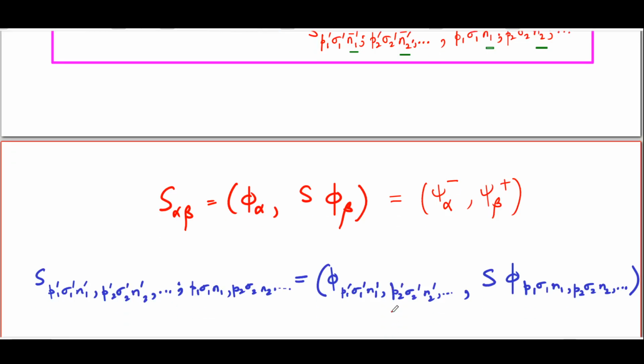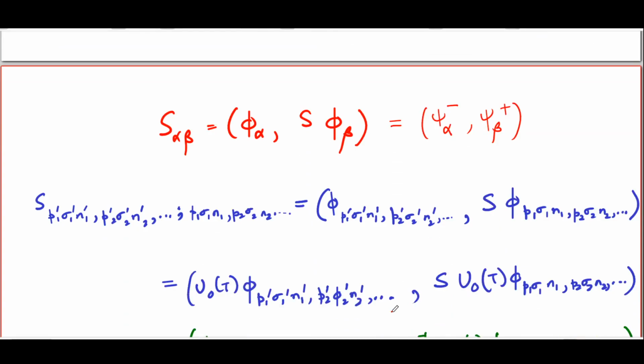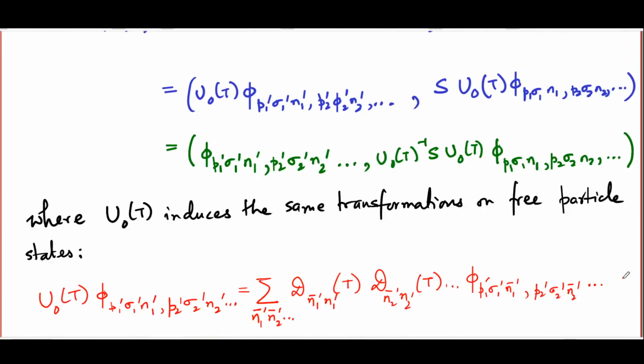Now, rather trivially, this is going to be equal to this expression, U0(T) phi p1 prime sigma 1 prime n1 prime p2 prime sigma 2 prime n2 prime on the left, and S U0(T) phi p1 sigma 1 n1 p2 sigma 2 n2 on the right, if something specifically happens.